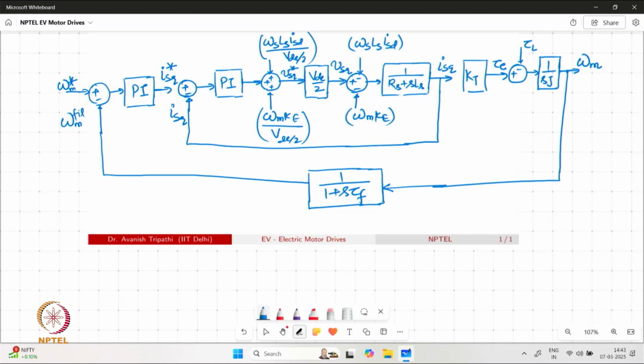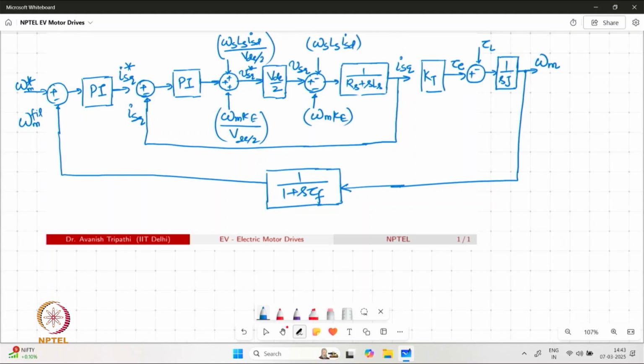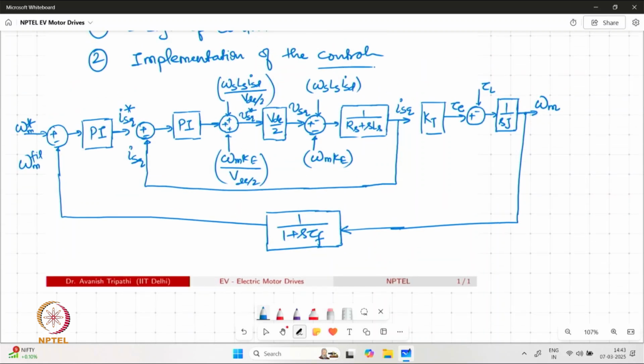So this is the control structure what we have seen in the previous class. Now the nonlinear terms, as I said, are basically compensated through the feed forward terms. So the effect of nonlinear component is compensated in advance, which is why while designing the controller, we can ignore them as a disturbance in the system.